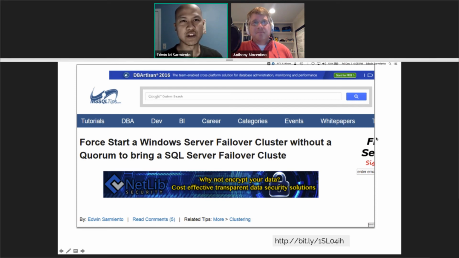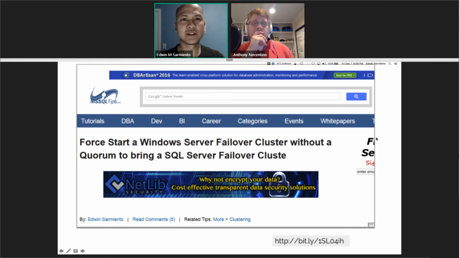And this is what I call the partition in time situation, where I am on the primary, I am modifying the listener name, and as I hit OK, boom, the cluster went offline, okay? Maybe for whatever reason, maybe I lost quorum, maybe the witness and the other node went offline. Now the change is persisted on the primary, and we're talking about the cluster here, not availability groups, where the change happened on the primary but not secondary, okay?